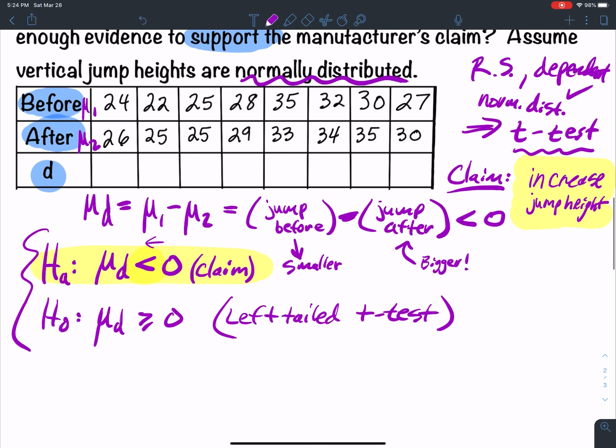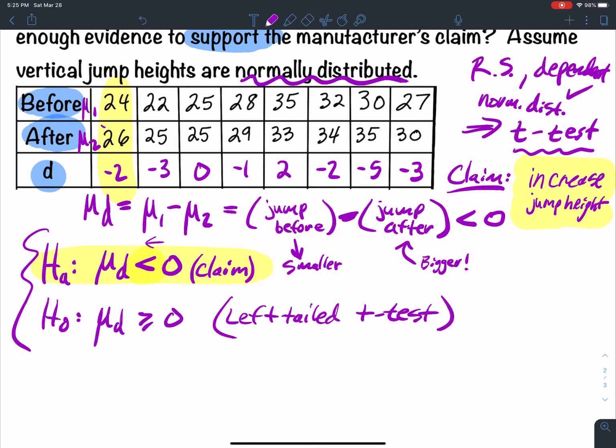All right, now all we need to do at this point is figure out the differences. For the first difference, I'm going to do 24 minus 26, and that gets me -2. Then the next one I do 22 minus 25, and that gets me -3. And I keep running down, I get 0, -1, 2, -2, -5, -3.